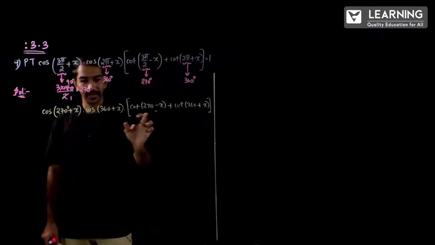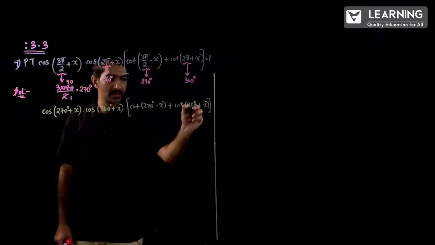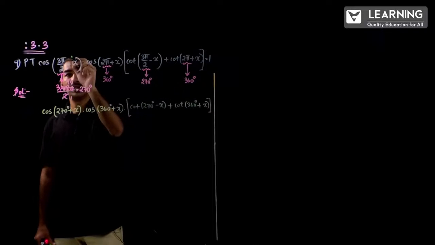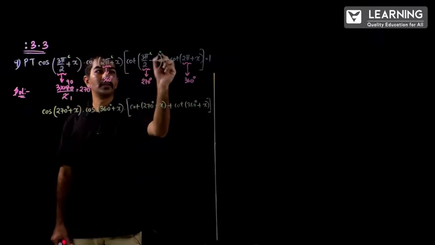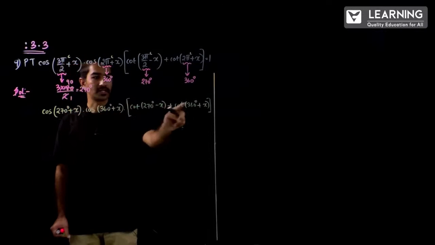We have taken the left hand side and written it in terms of degrees. The question was given in terms of radians, and we have just converted that into degrees. First step, very first step, conversion.